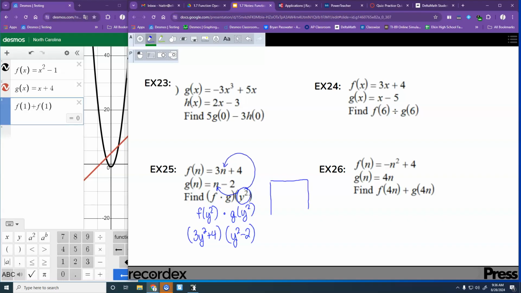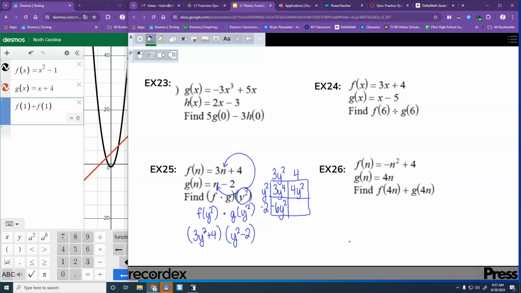I'm going to do the box here, but if you distribute, you get the same numbers on the inside. So you've got 3y squared and a positive 4. You've got y squared and a negative 2. So 3y squared times y squared is going to be 3y to the 4th. y squared times 4 is going to be 4y squared. 3y squared times negative 2 is going to give me negative 6y squared.